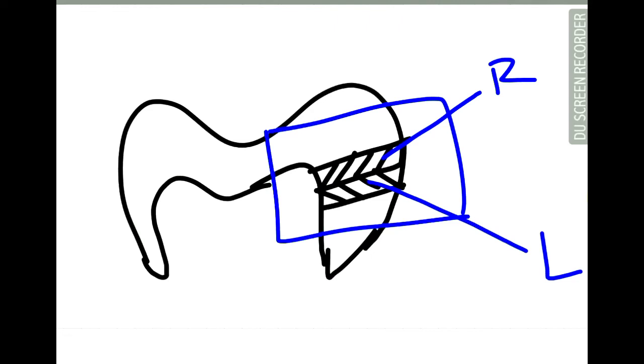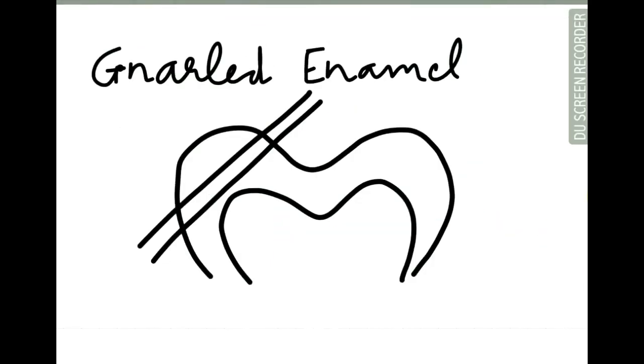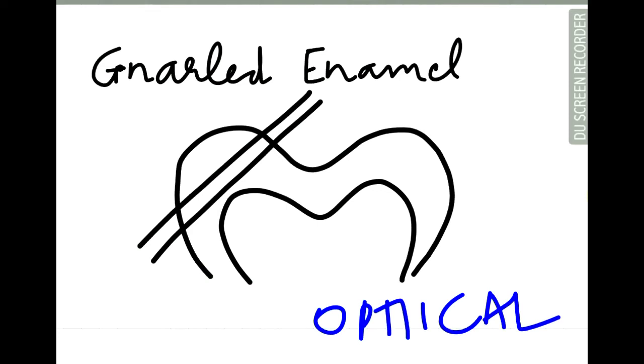Now let us study one more important terminology, that is the gnarled enamel. This question is frequently asked in Viva, so don't get confused with it. Remember, gnarled enamel is an optical appearance. First answer you should give, it is an optical appearance.